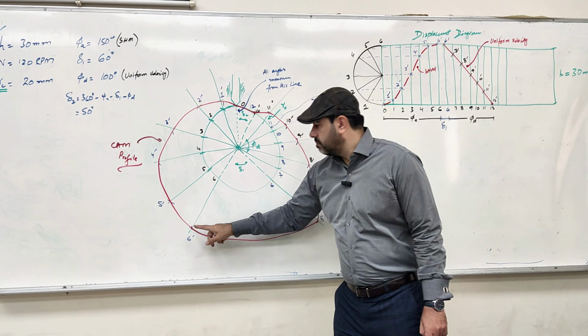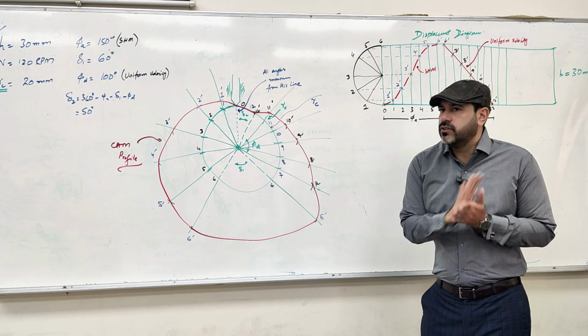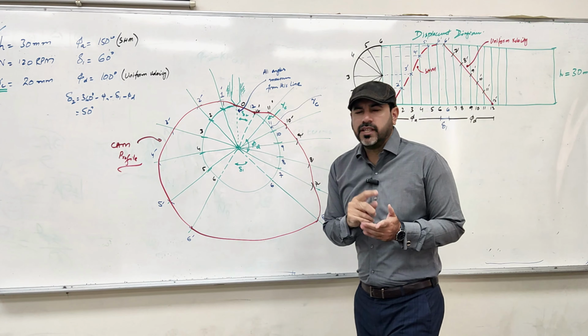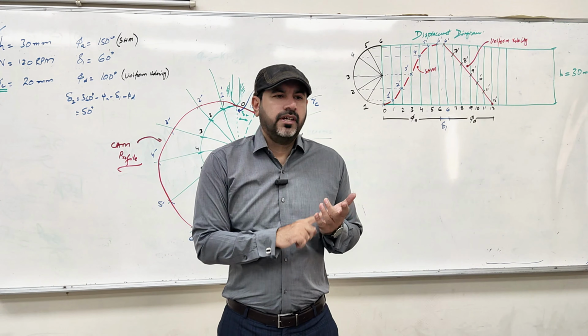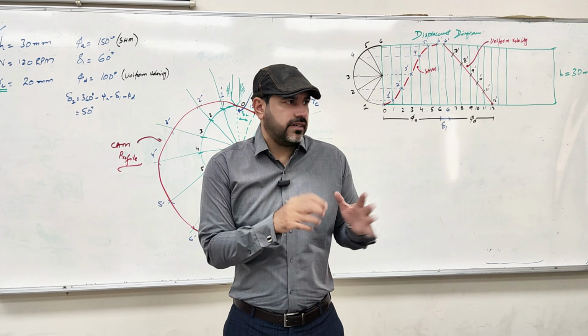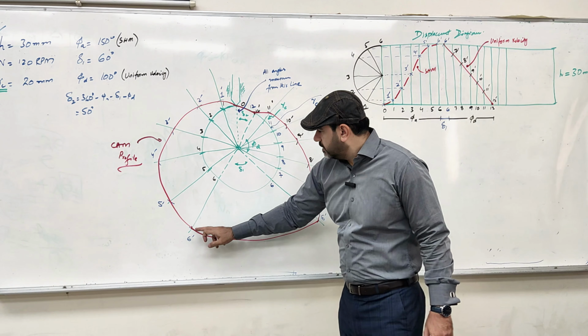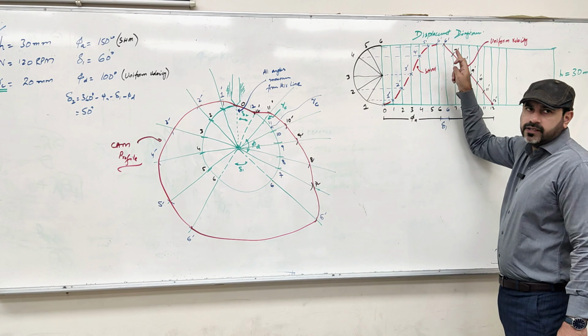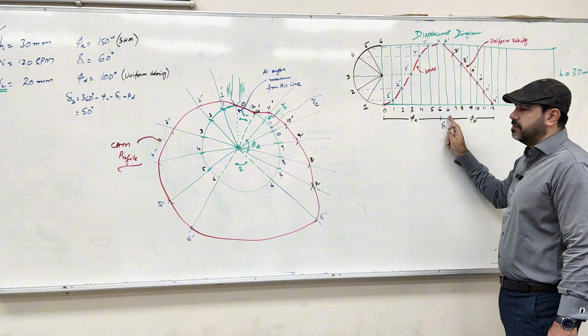Okay, dwell 1, because the dwell means the follower is not doing anything. The follower stays there. And this can only be possible if the radius of the cam does not change. It stays there. So whatever is this, we have the same. So we draw the same in the displacement diagram, okay, and we label it accordingly.